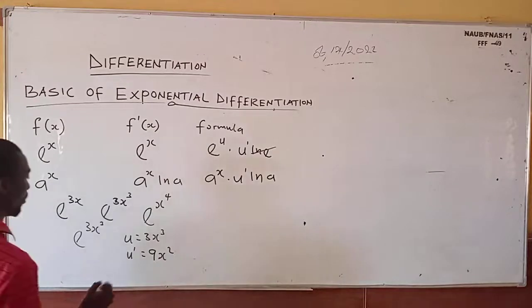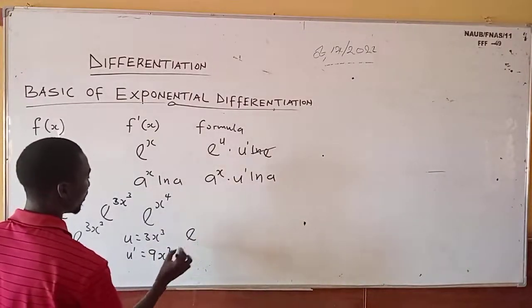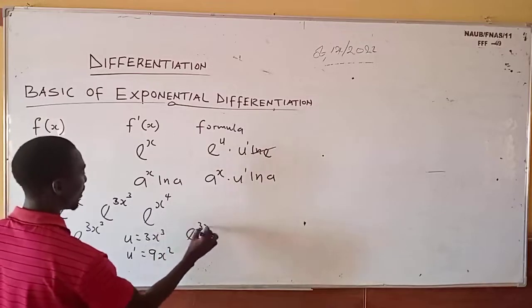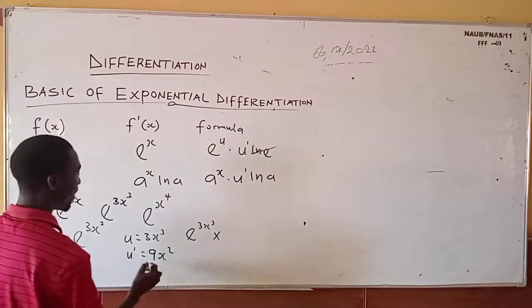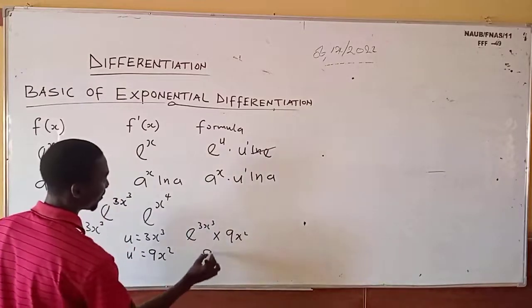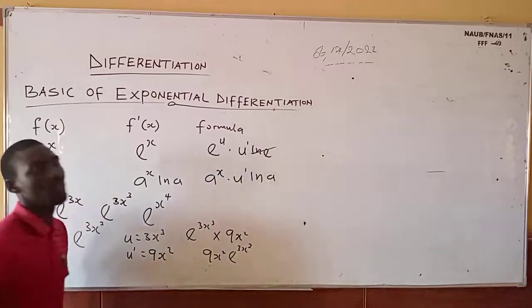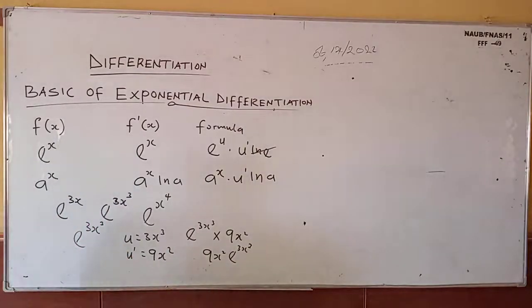Now if you go back and substitute, you are going to have exponential u, where u is 3s cubed, multiplied by u prime, which is 9s squared. Our answer is 9s squared exponential 3s cubed. Do you understand this?